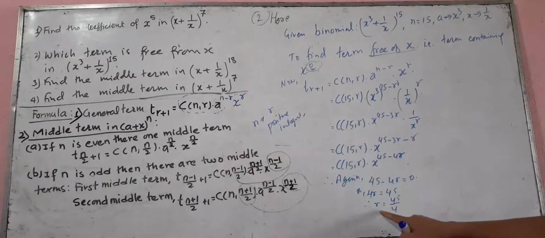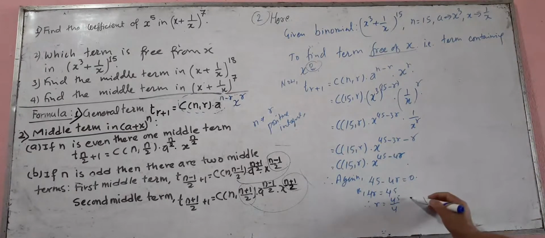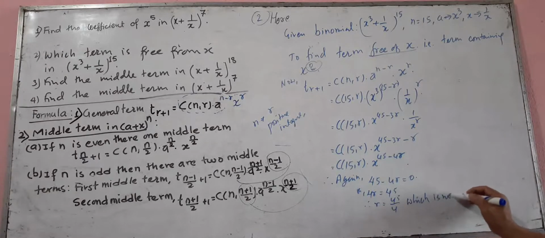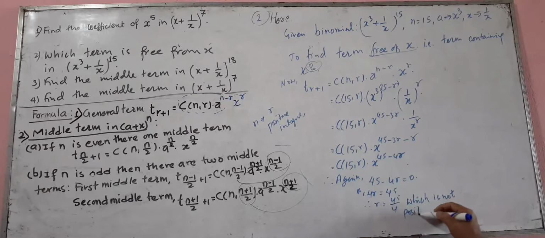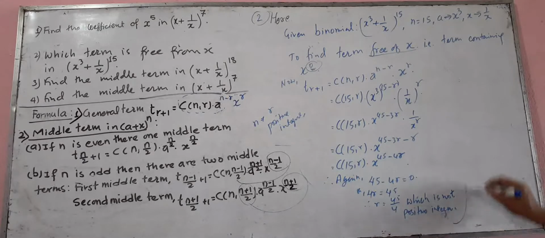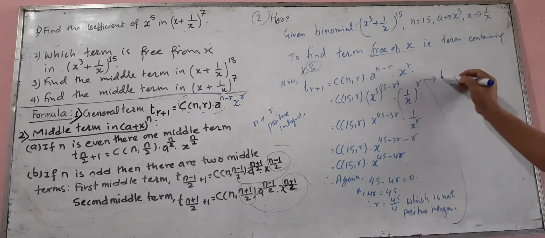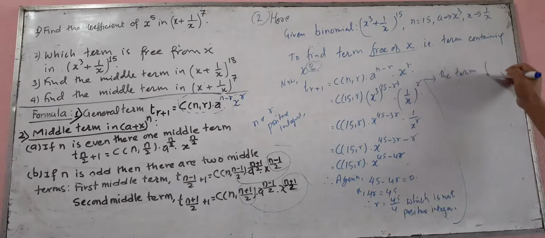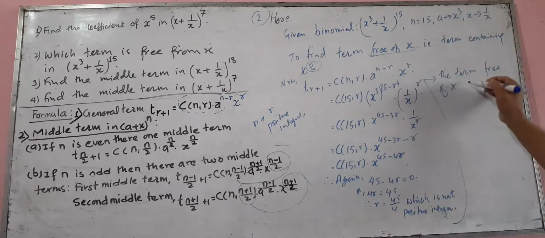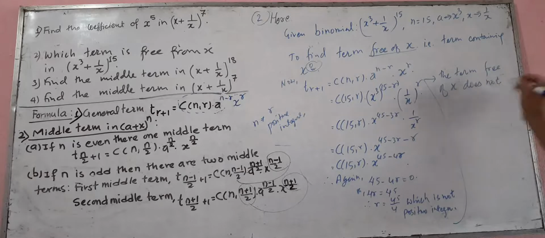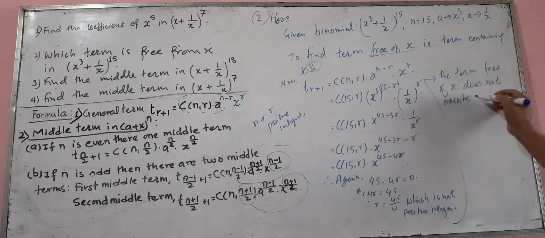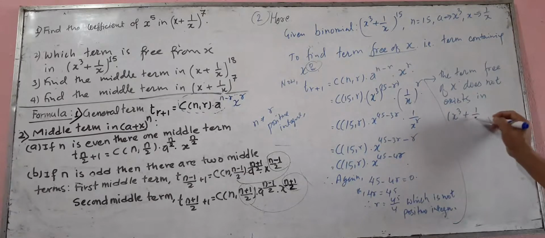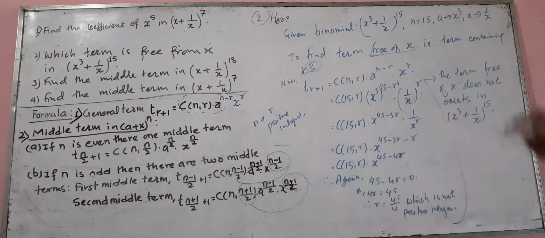But what we have here is 45 by 4, which is not a positive integer. So the term free of x does not exist in (x cube plus 1 by x) whole power 15.